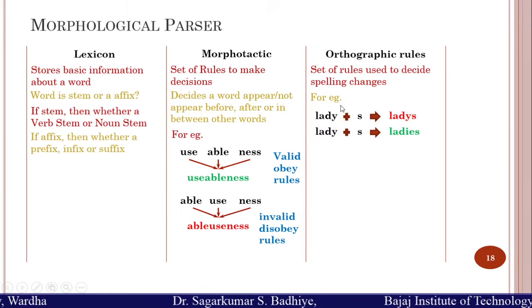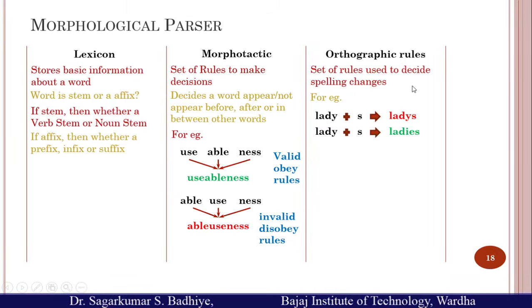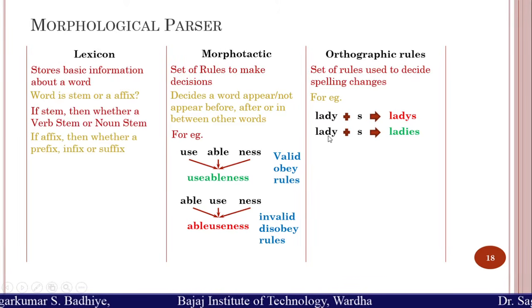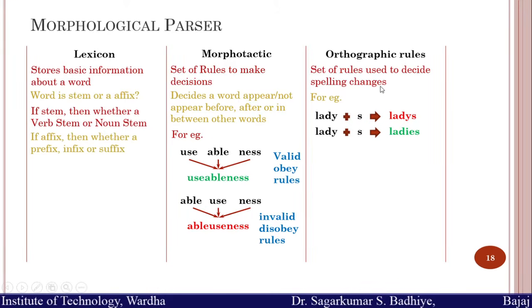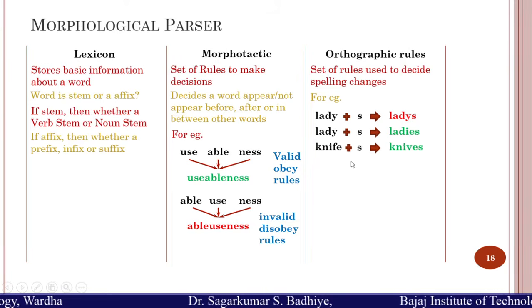Similarly, if we want to convert lady to plural form, then when we add s to it, it would make changes in the spelling of lady, so it would become ladies. So y would be replaced by ies. So such kind of rules are defined by the orthographic rules. Another example is knife.